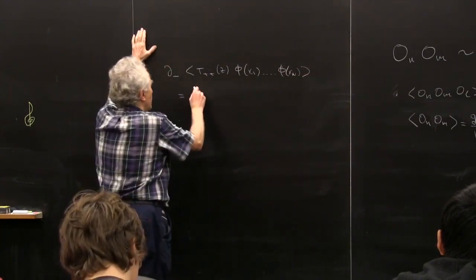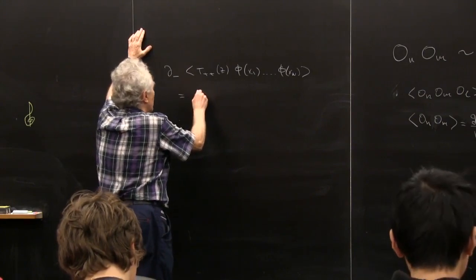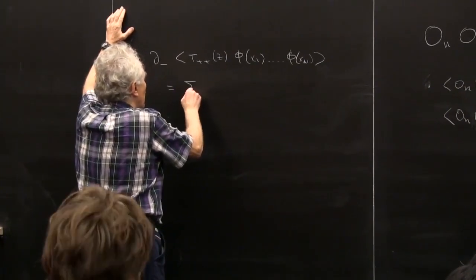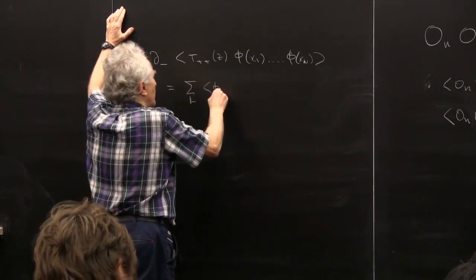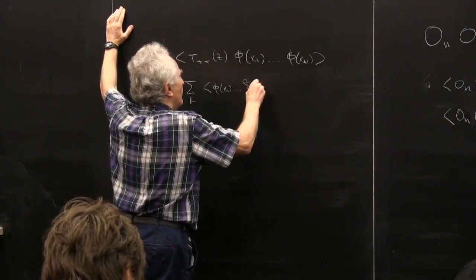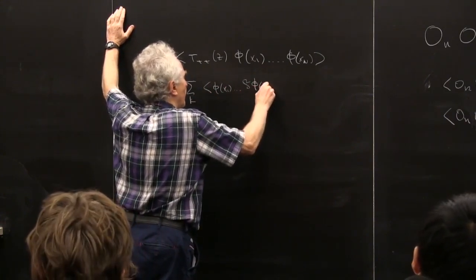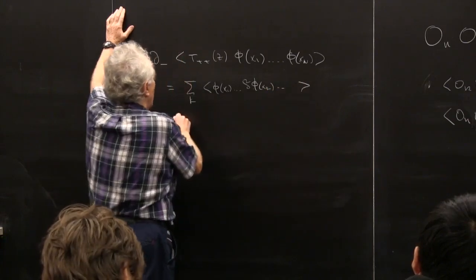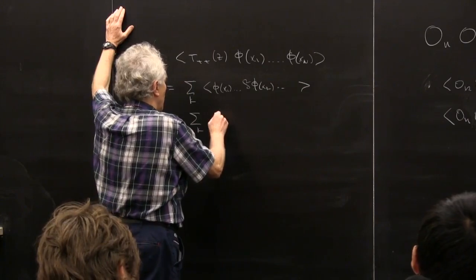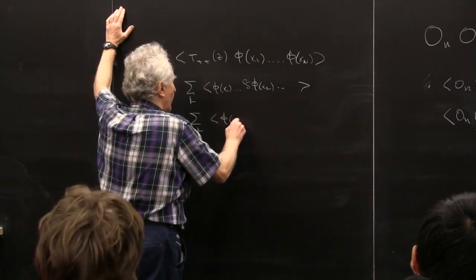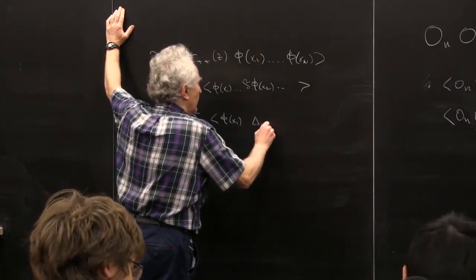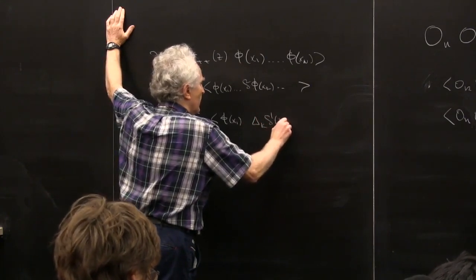We should actually write down the sum over k, and that's equal to the sum over k. Here we will have delta k, delta prime of z minus xk.